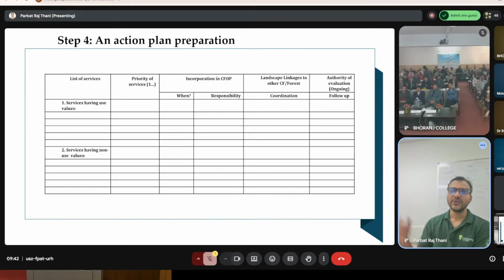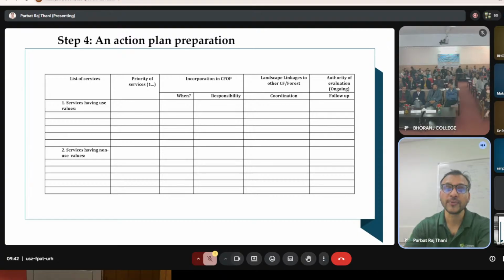So there were lots of management plans we noticed and gathered during that participatory conversation, and we made a list of every service and every species that is getting pressure.